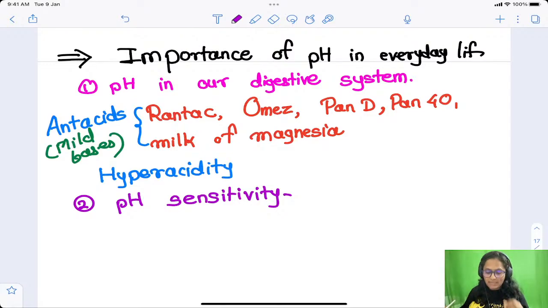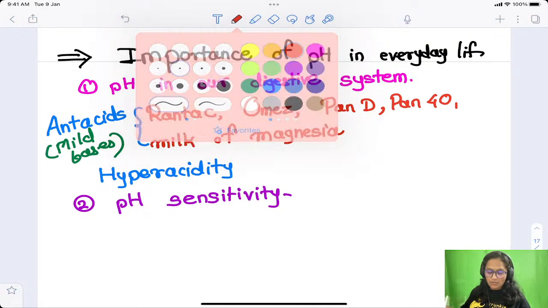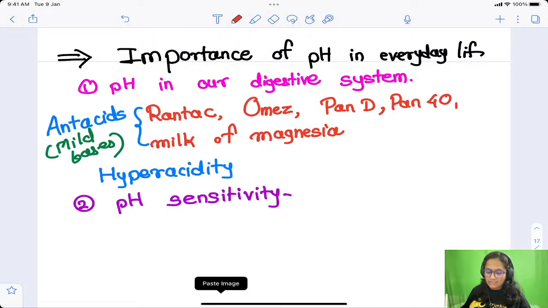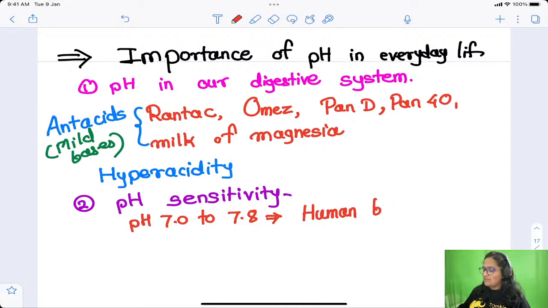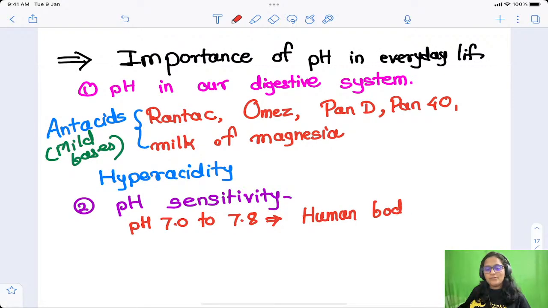You know, animals and plants are sensitive to pH, right? Our body works within the range of pH 7 to 7.8, which is the pH required for the human body. Seven is the neutral pH.